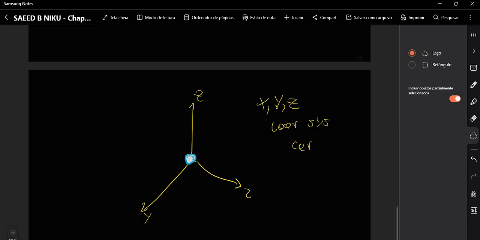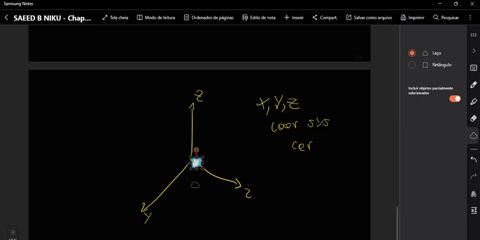It cannot rotate around the axis x, y, or z because it doesn't have dimensions, and it only does this movement.